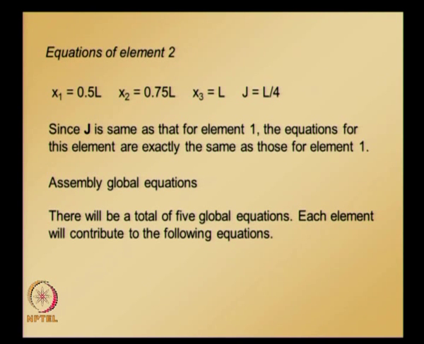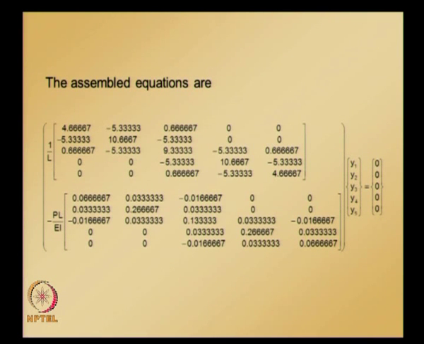Element 1 contribution goes into 1, 2, 3 row and column locations of the global equation system, and element 2 contribution goes into 3, 4, 5 row and column locations of the global equation system. With that understanding, since we already have element equations for elements 1 and 2, we can write the assembled global equations in this manner.